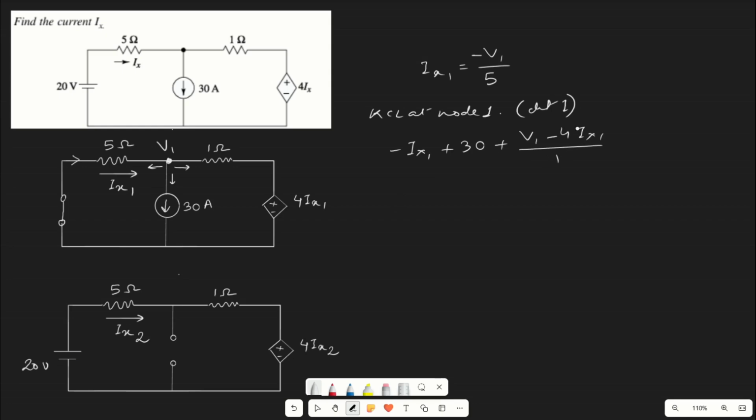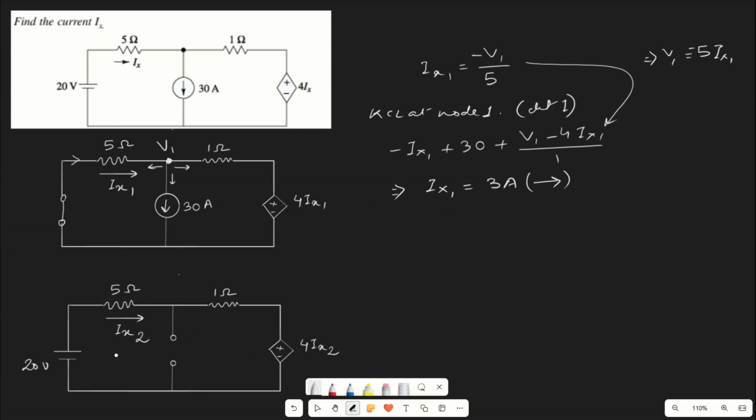Now we require the value of Ix1, so let's put the value of V1, that means V1 will be negative 5Ix1. We can put this here, and the value of Ix1 can be calculated, and it will come out to be 3 ampere after solving, in the same direction whichever we are considering. So the first circuit value is 3 ampere.